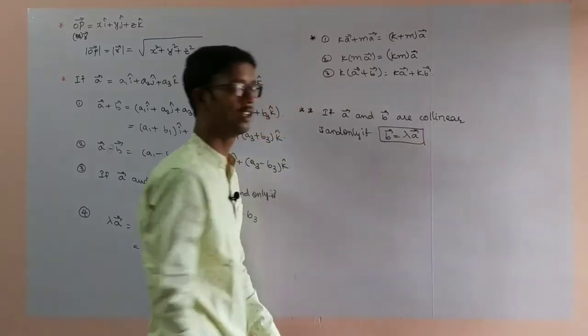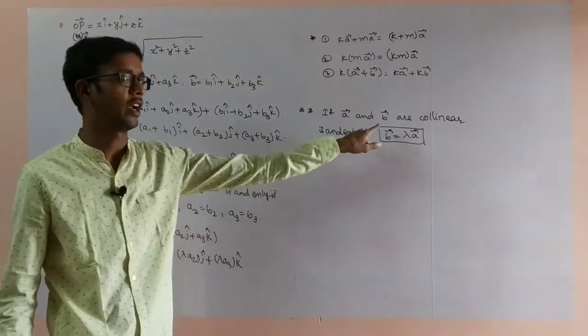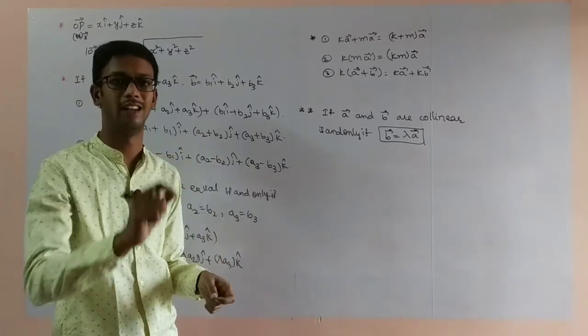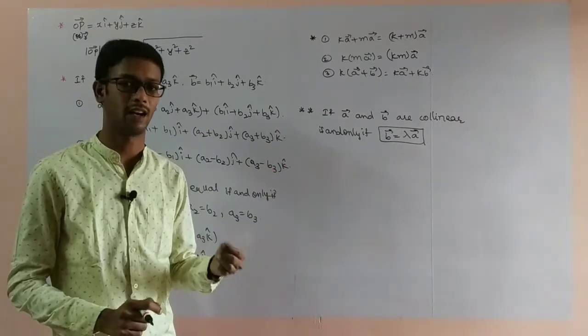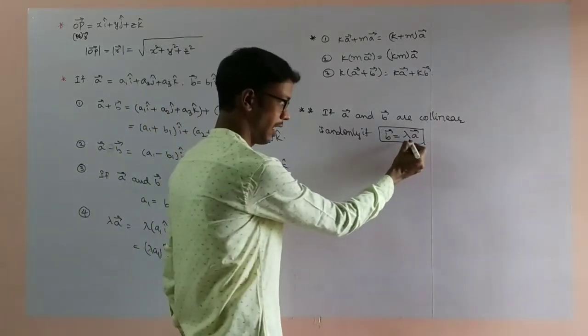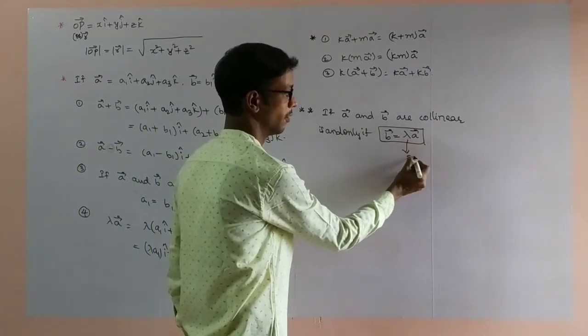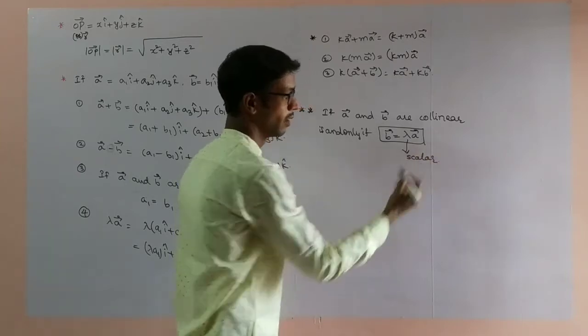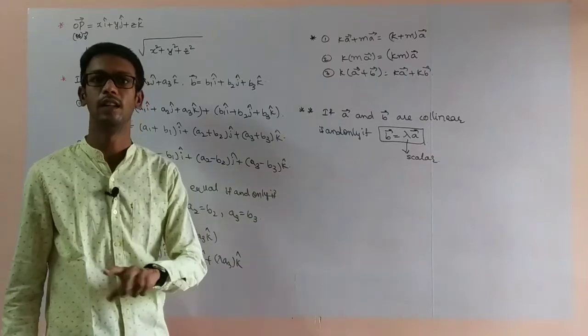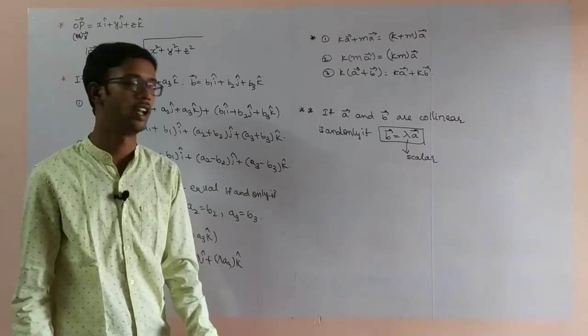If you satisfy this condition, the two vectors are collinear. We don't always need to draw the lines to check whether one is parallel to the other. No need to check, this condition is satisfied. Lambda is a scalar here. If this condition is satisfied, then the two vectors are collinear.